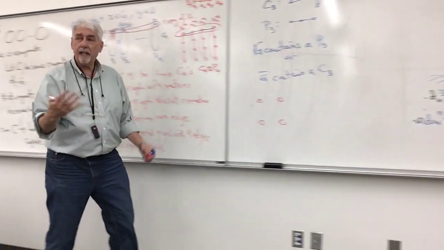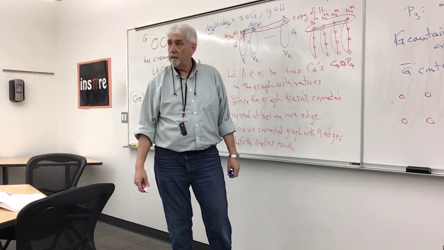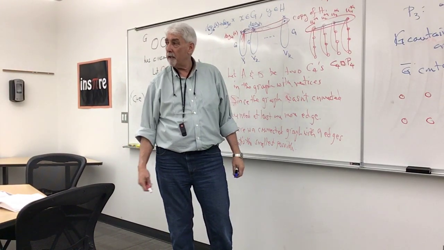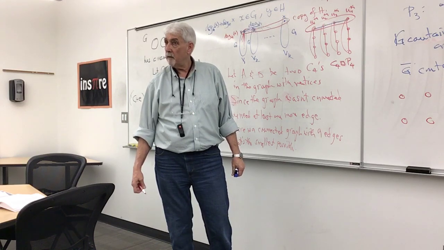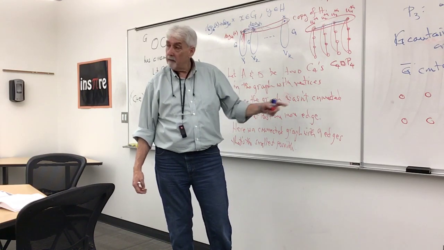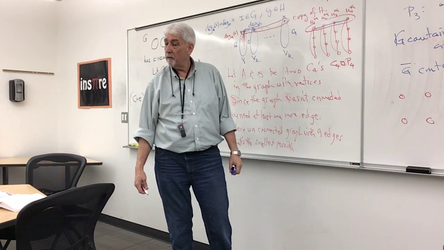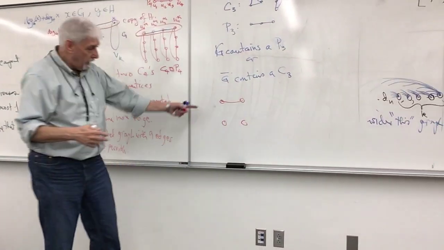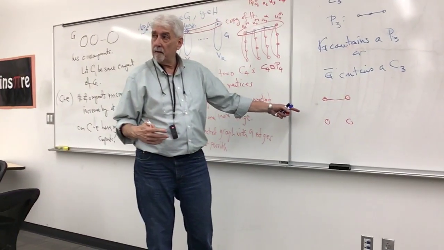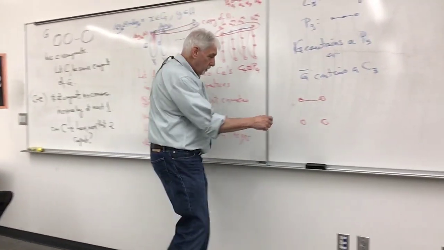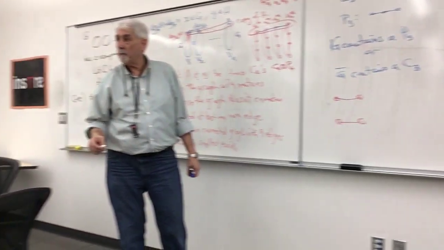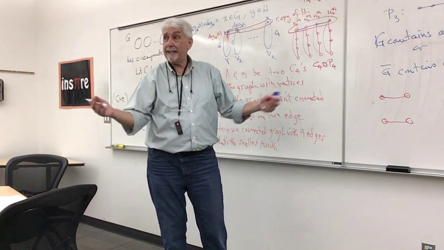Well, if it doesn't contain a P3, you almost know what the graph looks like. Okay, the graph does not contain a P3. So this graph doesn't contain a P3. And there's one more, this graph doesn't contain a P3. And that's it, all right?